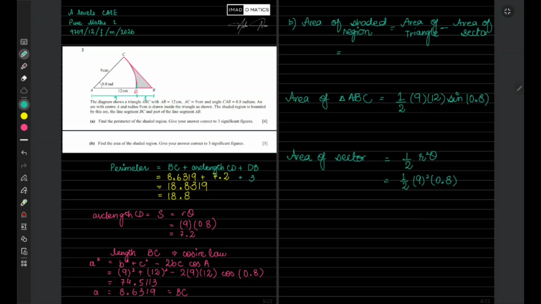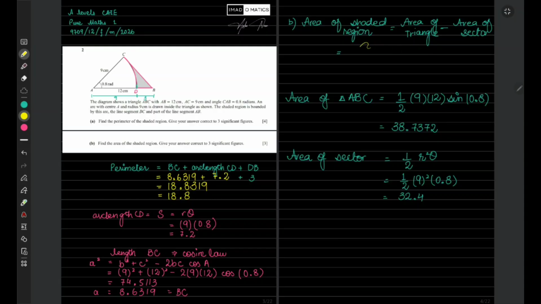So let's calculate both of these. The triangle area is 38.7372 and the sector area is 32.4.